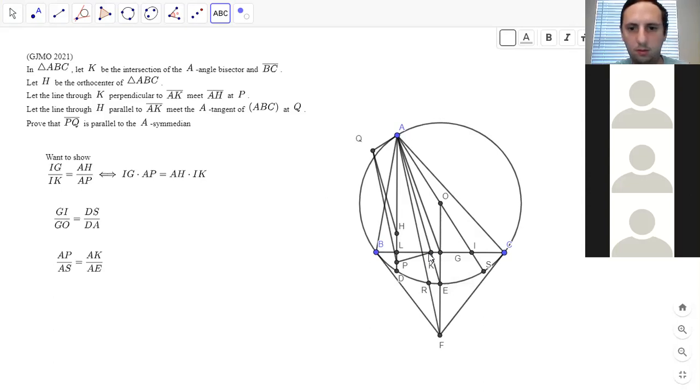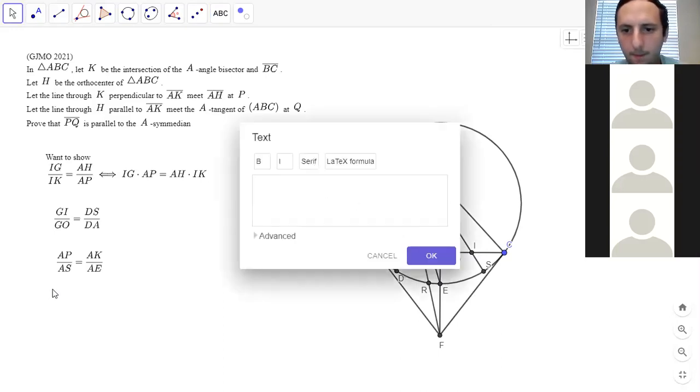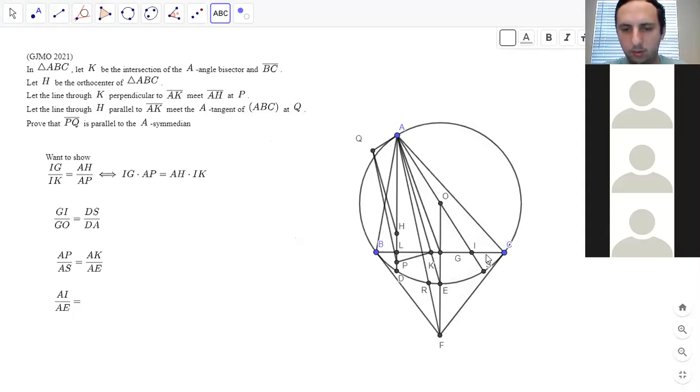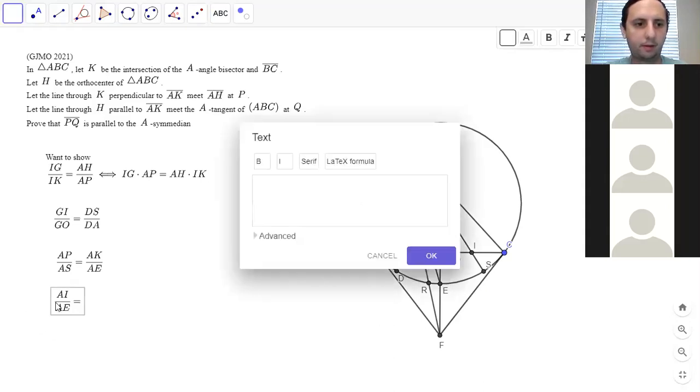And the last one is IK. Triangle AIK is similar to AED. So AI over AE is AK over AD.